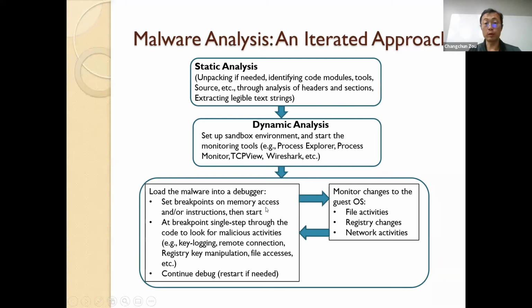You can set a breakpoint on memory access or some instruction, and you start. You monitor the changes to the guest OS. If you use a debugger, you monitor this in much more detail. If you don't run a debugger, then you can use something like RegShot to see what registry entries have been changed by that potential program, and you iterate here.